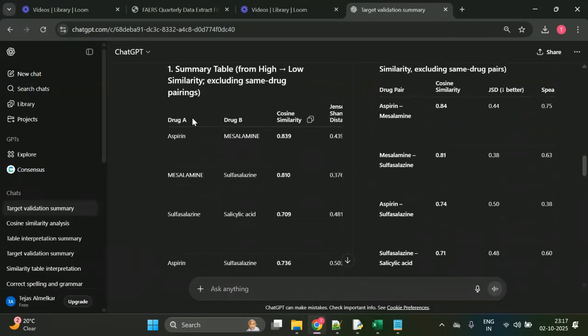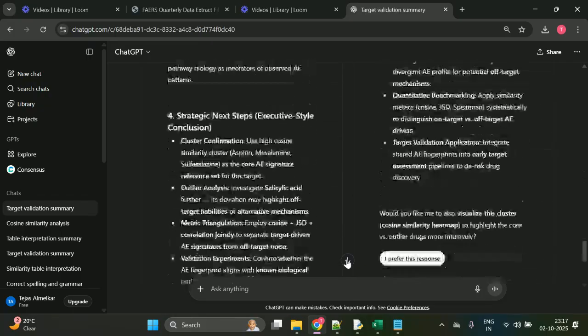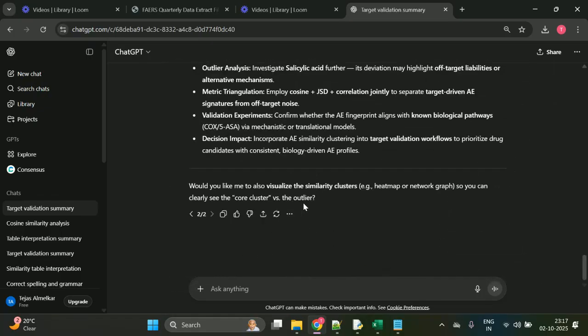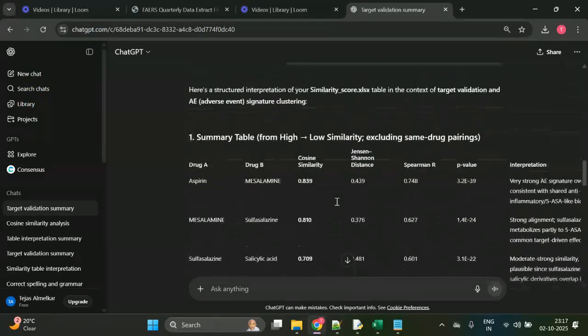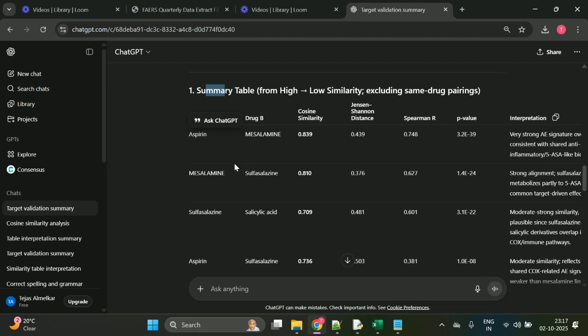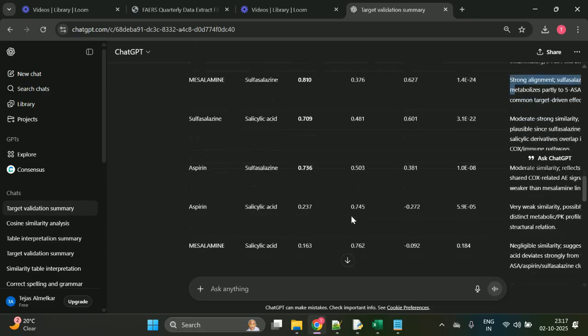Let's look at response 1. Yes, this is the summary table with its interpretation. Aspirin and mesalamine show a very strong AE signature. Mesalamine and sulfasalazine also show strong alignment.